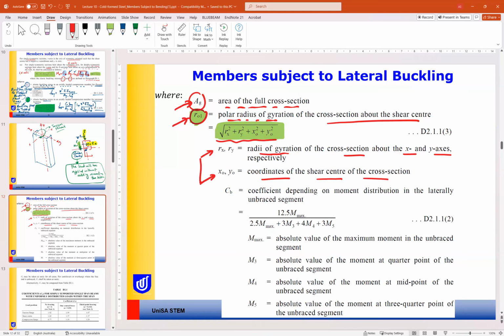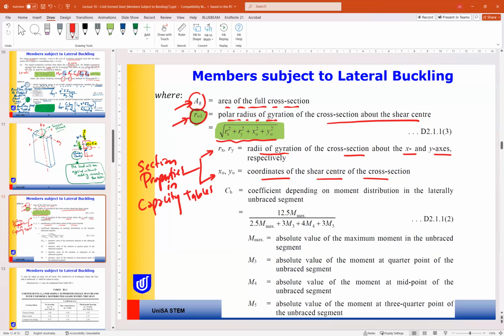All these are section properties that can be found in capacity tables. So for the available sections in the market, you don't need to find these values because they are already calculated and available in the tables.